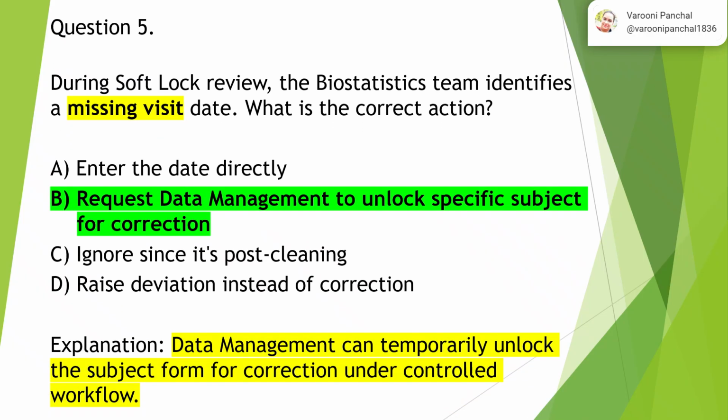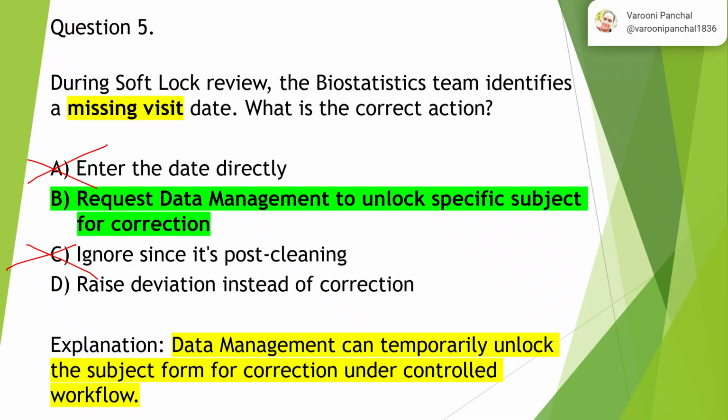Question 5. During soft lock review, the biostatistics team identifies a missing visit date. What is the correct action? Enter the date directly. No. Option C, ignore since it's post clinic. No, you cannot ignore it, even if it's a missing visit date. Raise deviation instead of correction.